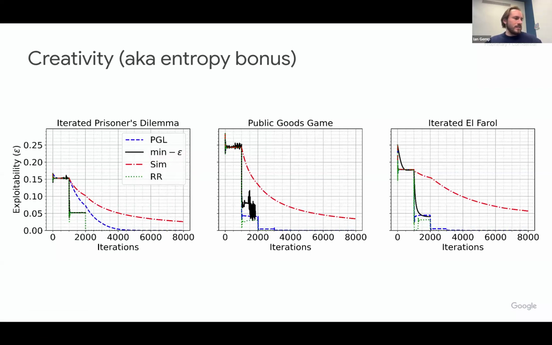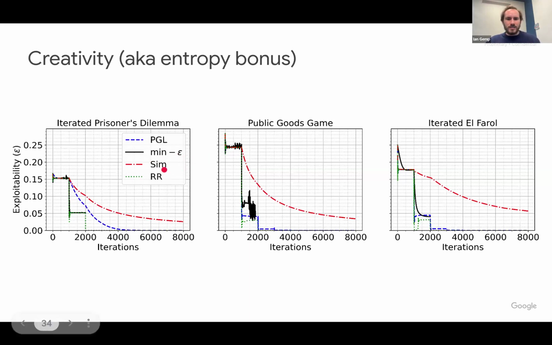I should know the name of the paper. It's really impressive work. They allow you to backprop through convex programs. So that's what's happening in this black curve. We just directly minimize the exact epsilon of the game.